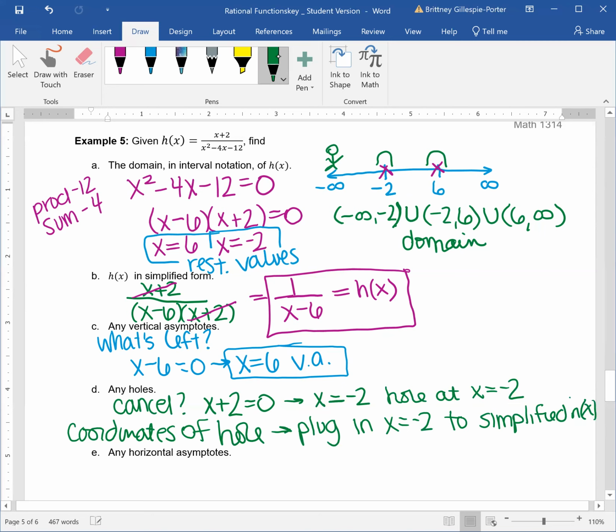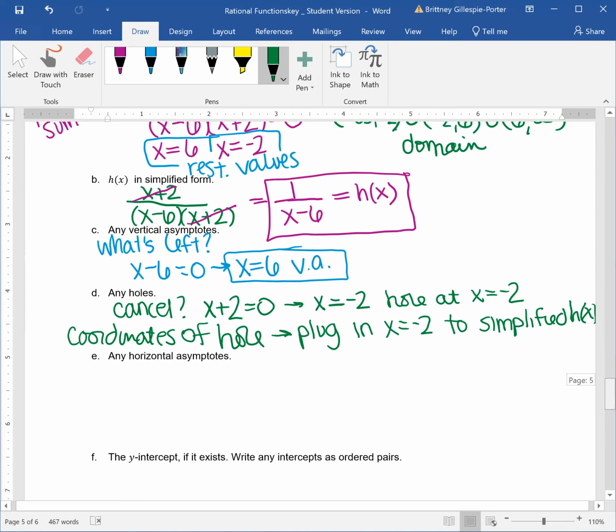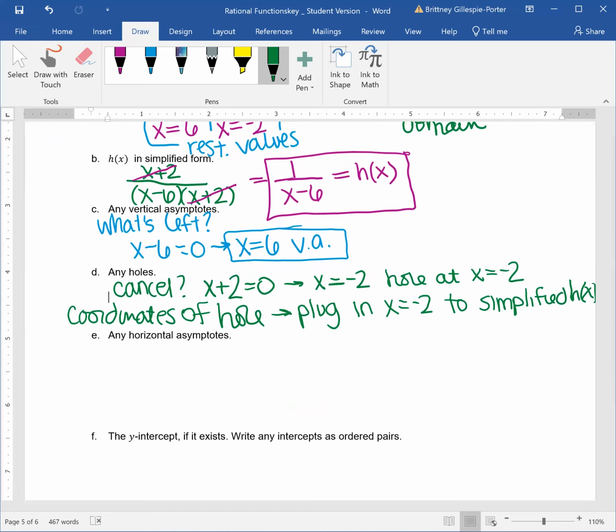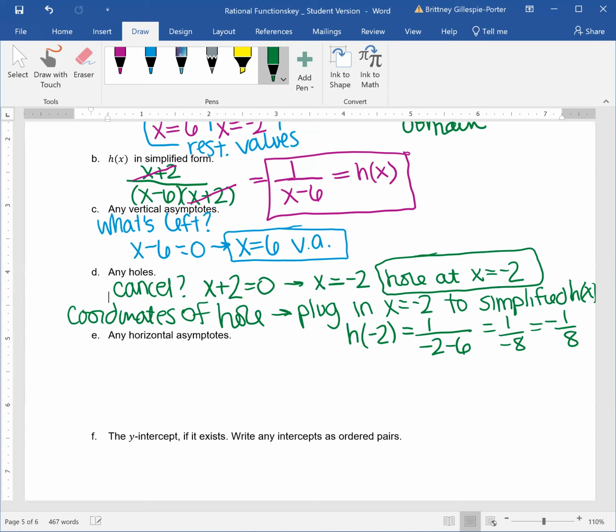Once you simplify your function, never look back. Always use the simplified form, because once you simplify your life, you're not going back to that craziness. So h of negative 2 will be 1 all over negative 2 minus 6. 1 all over negative 8 gets us negative 1/8.